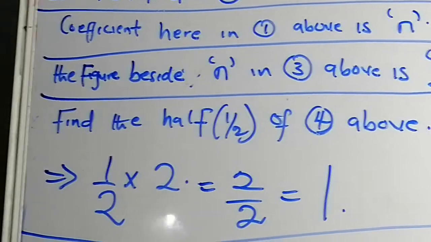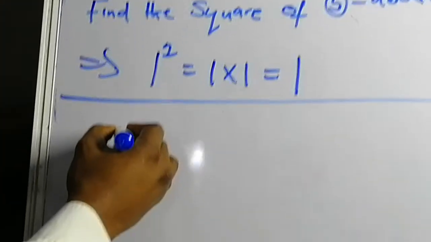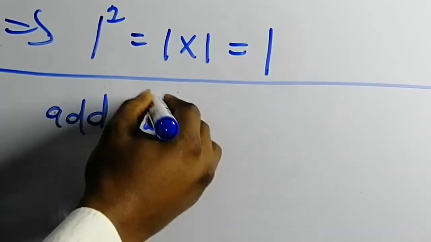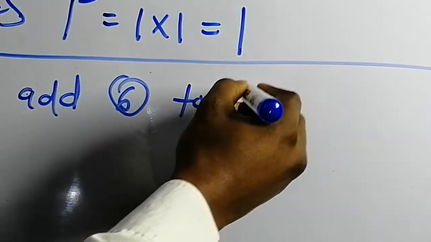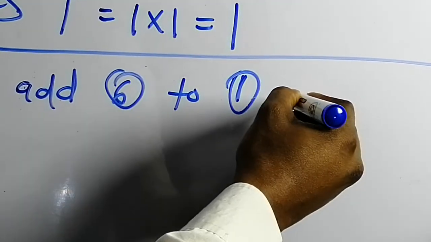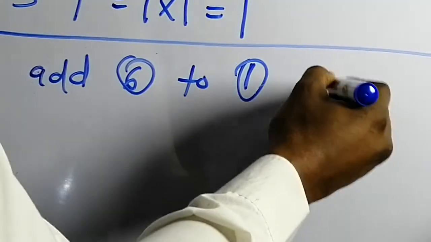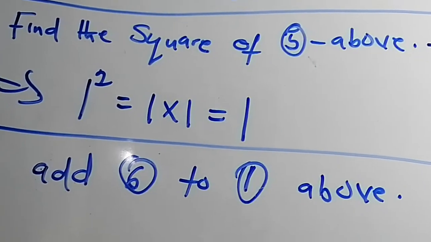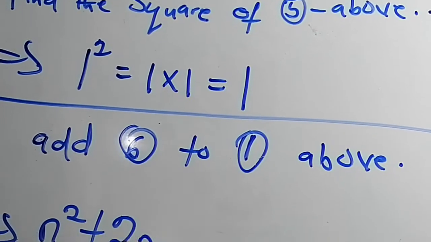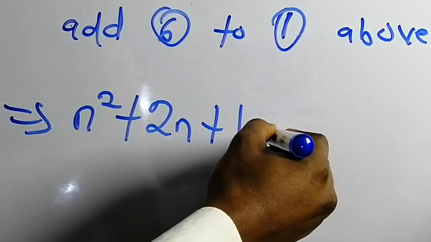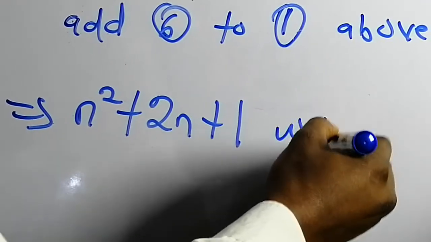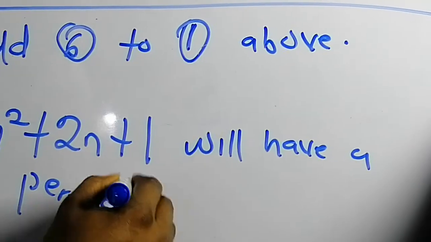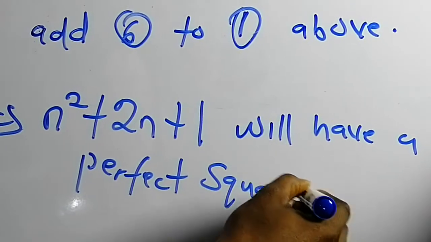Then add 6 to equation 1 above. So the missing value that we're looking for is n squared plus 2n plus 1. We will have a perfect square.